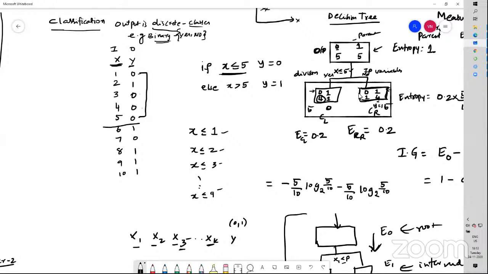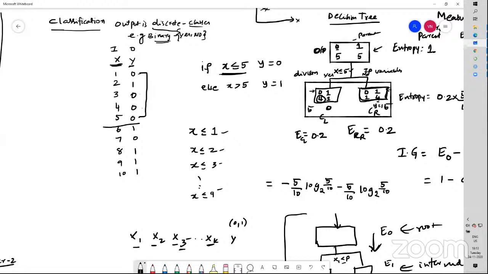In such cases, we need much more rigorous learning methods than all these algorithms that we have seen so far.